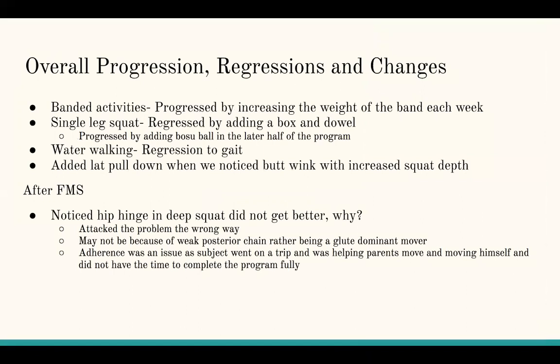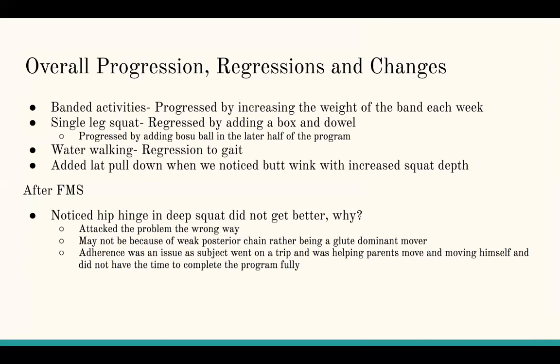So overall progressions, regressions, and changes that were part of the program were the banded activities that were progressed by increasing the weight of the band each week. That was used for ankle flexibility and increasing glute med and max activation. And then the single leg squat was regressed by adding a box and a dowel, and the dowel was used to help activate core stabilizers and help with stability.